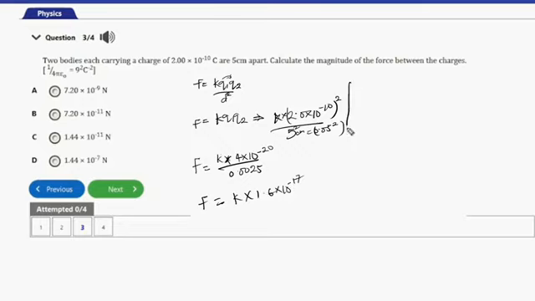That's 1.6 times 10 to the power of negative 17. If we multiply K, which is 9 times 10 to the power of 9, by 1.6 times 10 to the power of negative 17, this will be 1.44 times 10 to the power of negative 7 Newton. So that's option D, and that's it for this question.